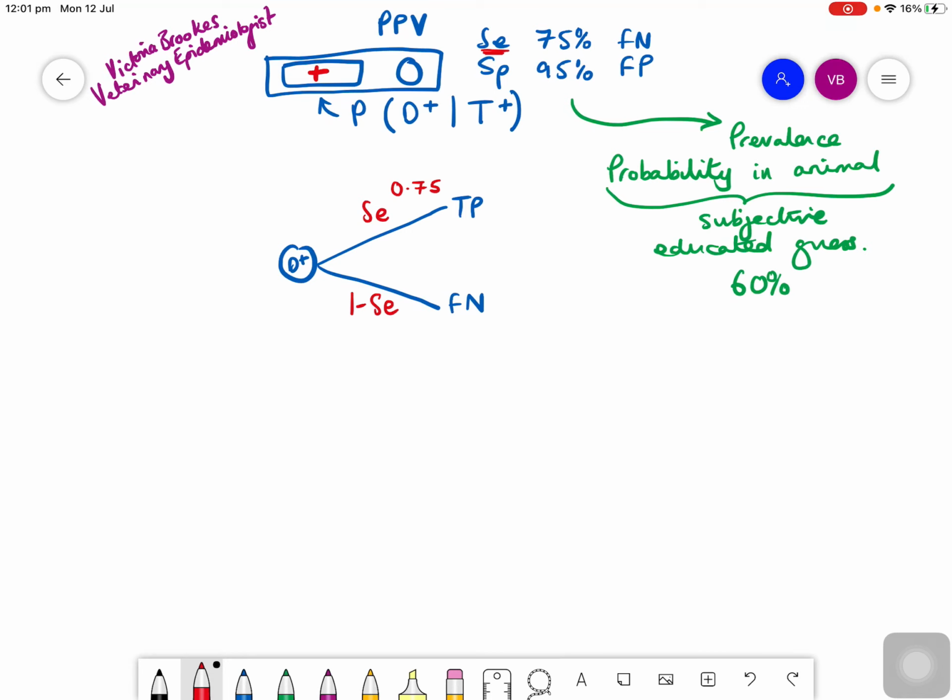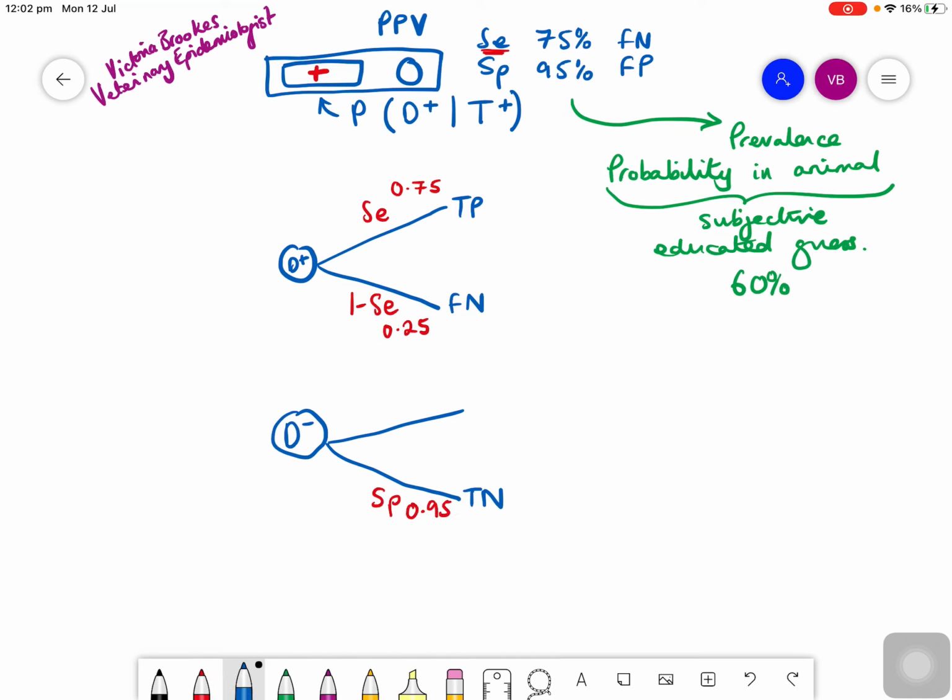Let's put these in the range of 0 to 1, so instead of 0 to 100, convert it to 0 to 1. And this arm here must be 0.25 because that's 1 minus 0.75. Sometimes animals are disease negative, and in this case for this particular test, if it tests negative, so it's a true negative, then that would be the specificity of our test, which is here 0.95.